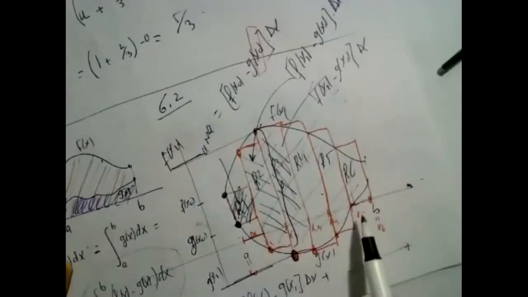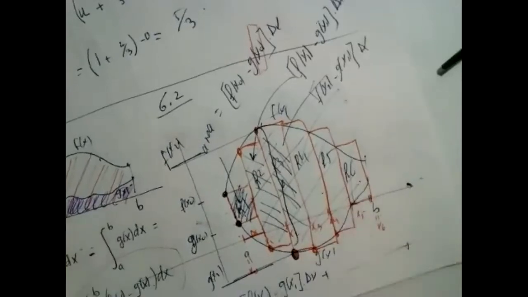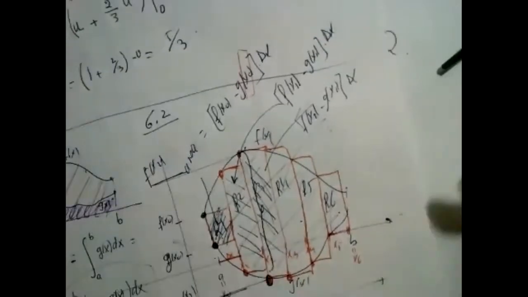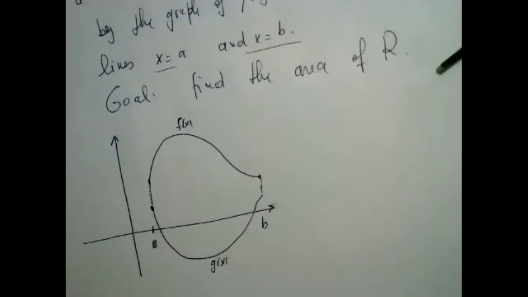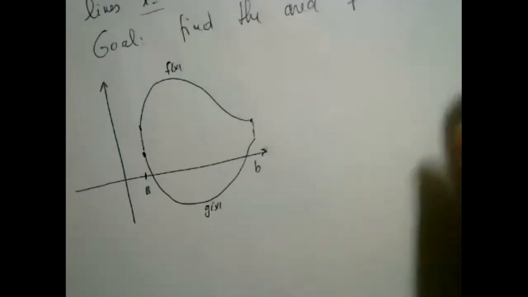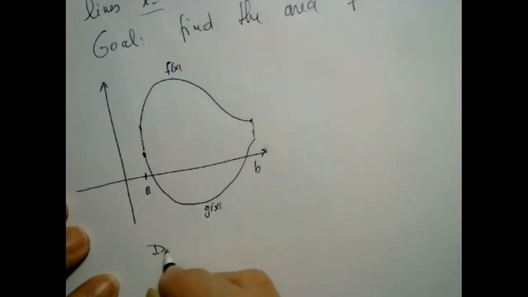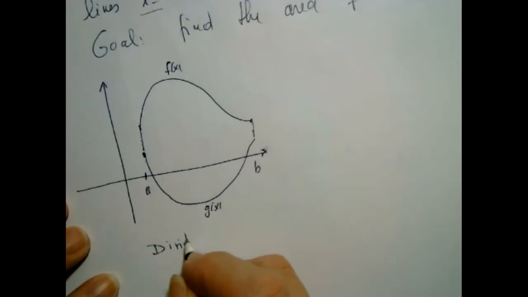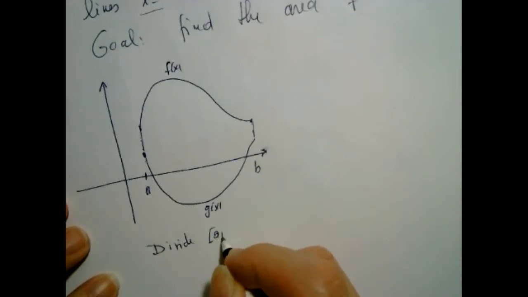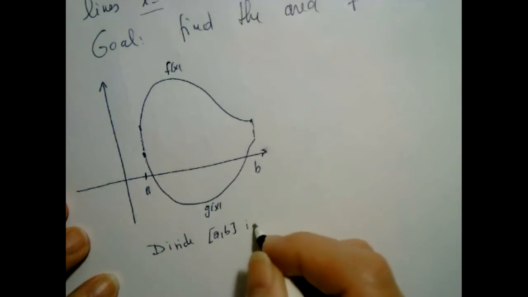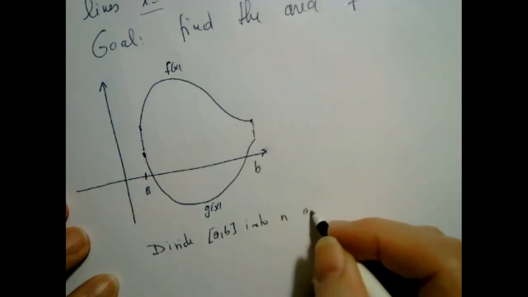In the previous example, I divided R into like 6 rectangles, because I was trying to explain the idea. Now, in general, the way we're going to do that is we're going to divide the interval a, b into n equal subintervals.